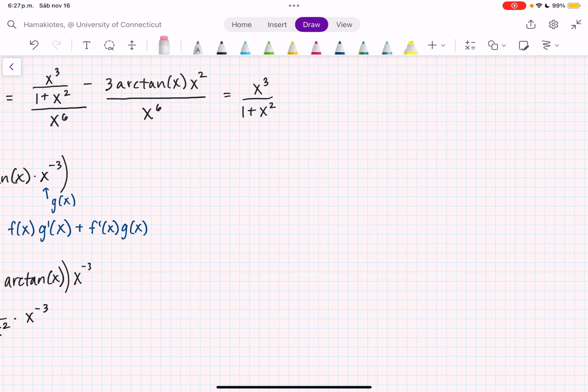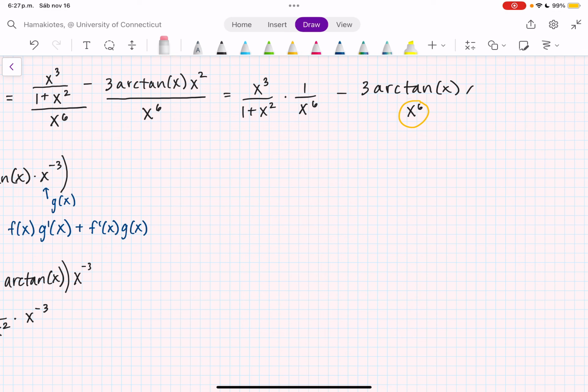So that's the same as times 1 over x to the 6th minus 3 arctan of x times x squared all over x to the 6th. Now we have x squared and x to the 6th, so we have some cancellation.